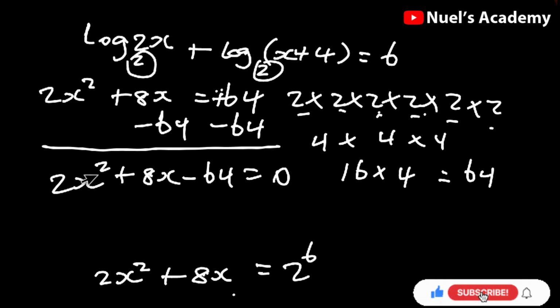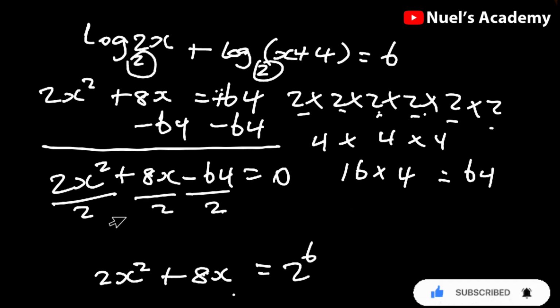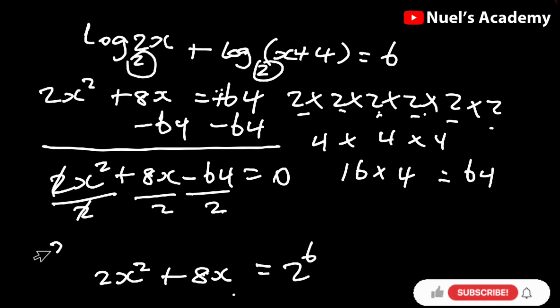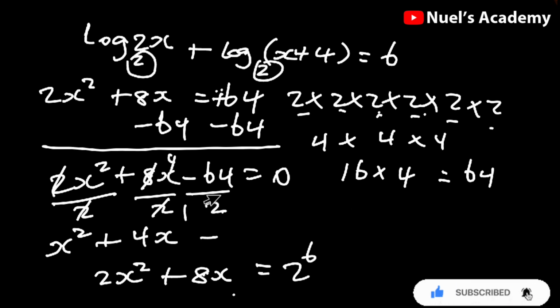So we're going to divide each term here by 2. When we do that, 2 divided by 2 is 1, so we have x squared plus, 8 divided by 2 is 4, so plus 4x, then minus 64 divided by 2 is going to give us 32.